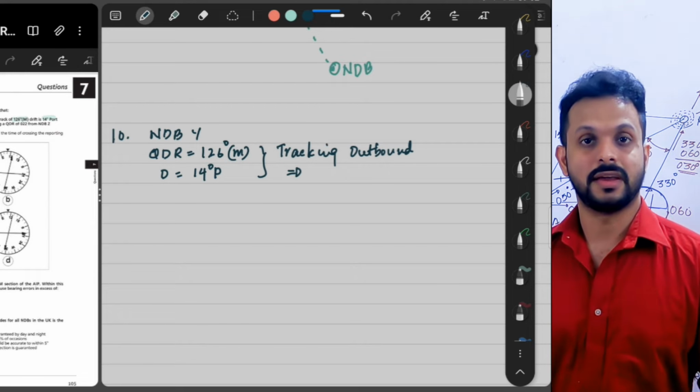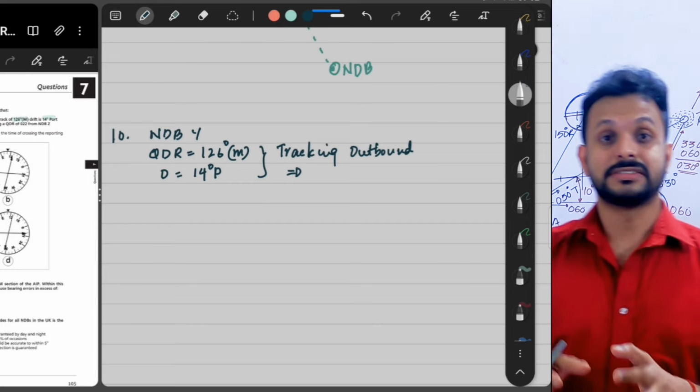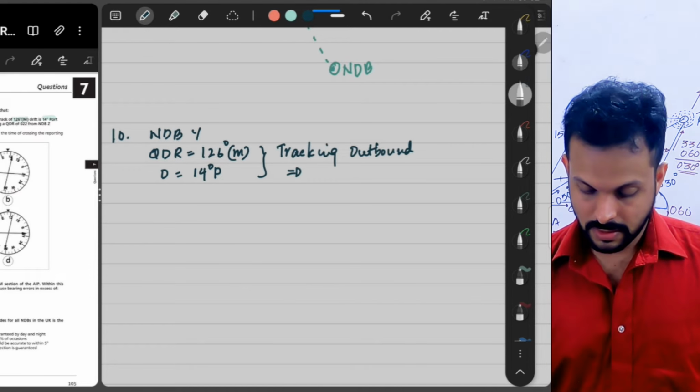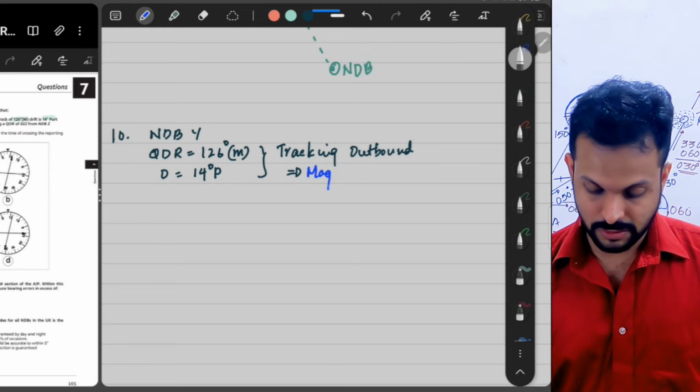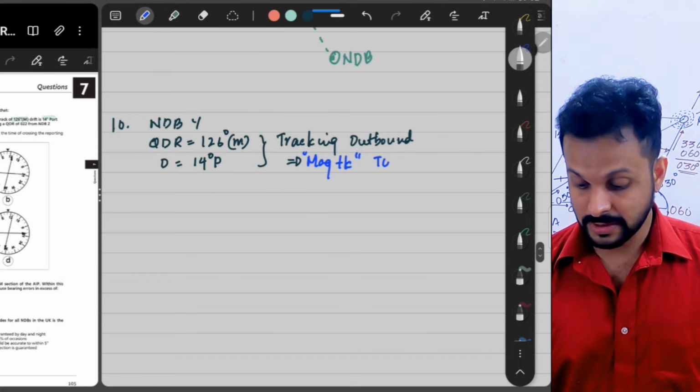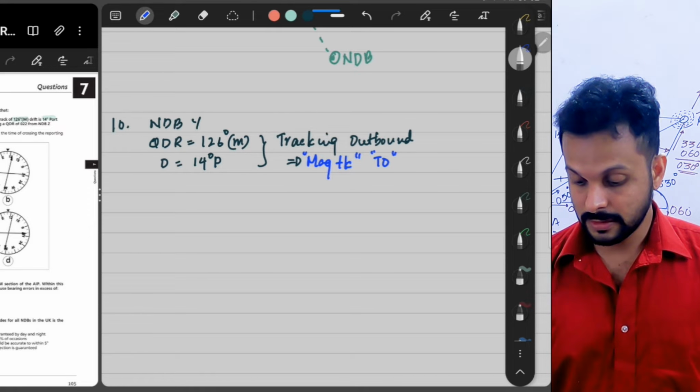What is the RMI indicating? RMI is basically indicating the magnetic track to the station, right? So magnetic track, that's the first point to understand here. Second is not from, it is to. The third point is to what? To the NDB, to the station, right?